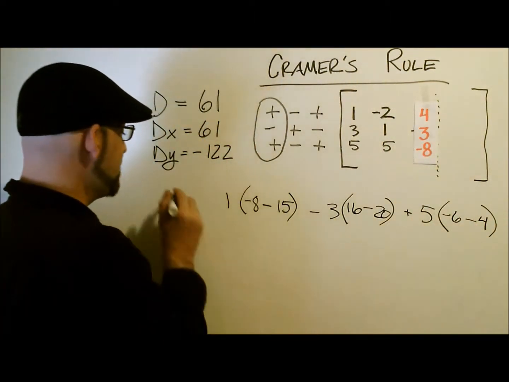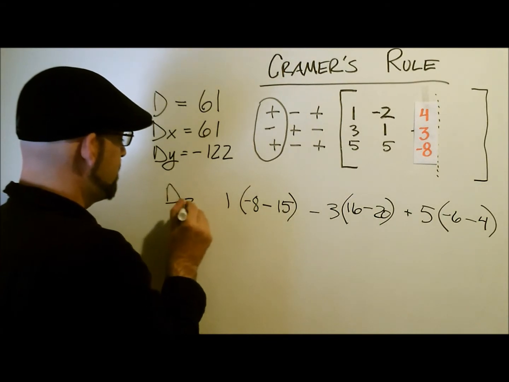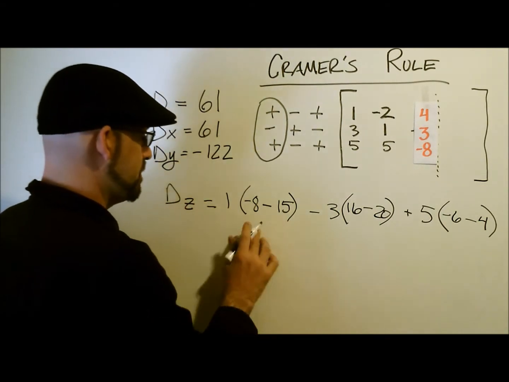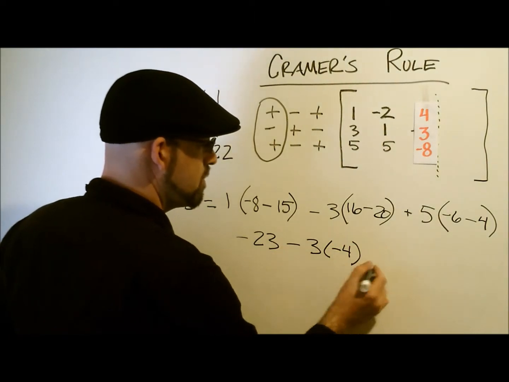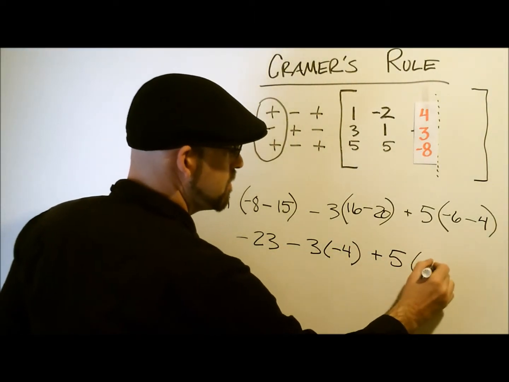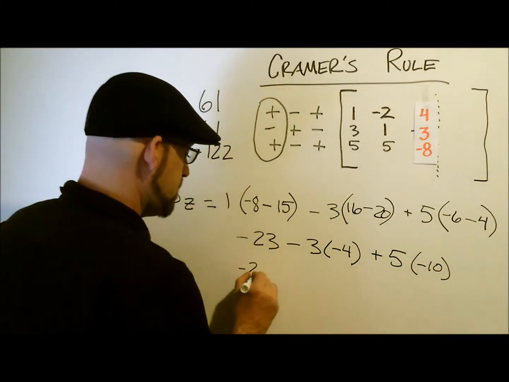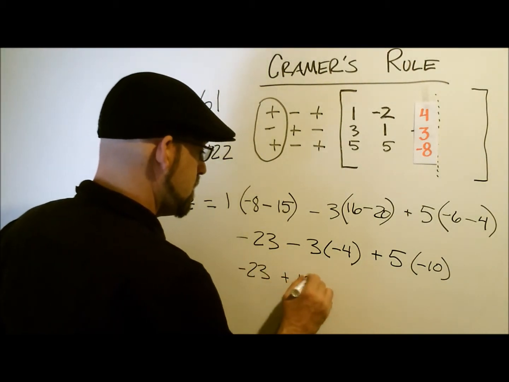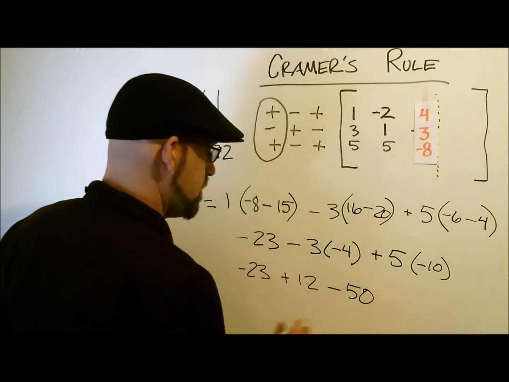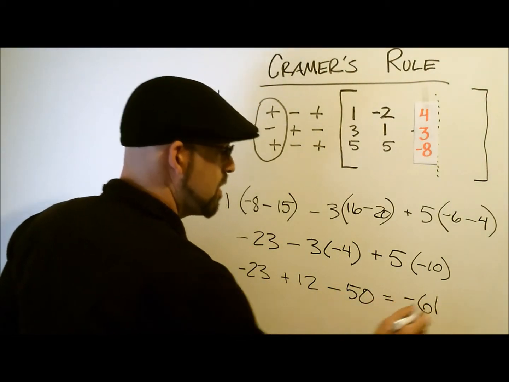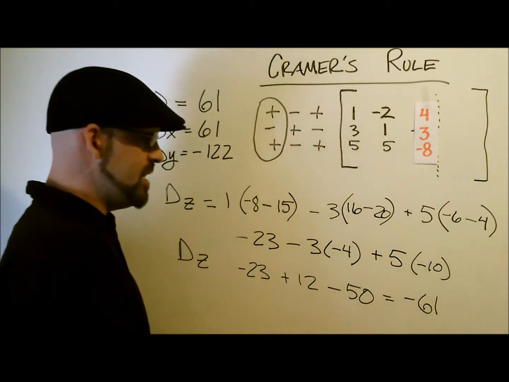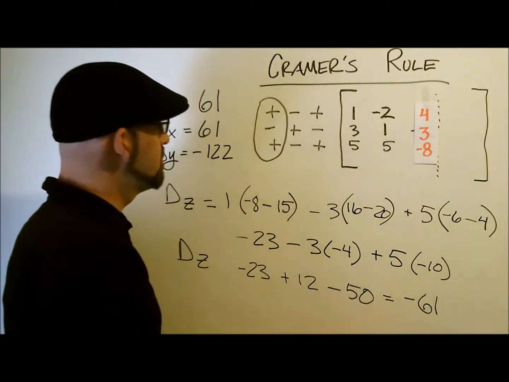Let's put it all together. Our determinant for z is a negative 61.